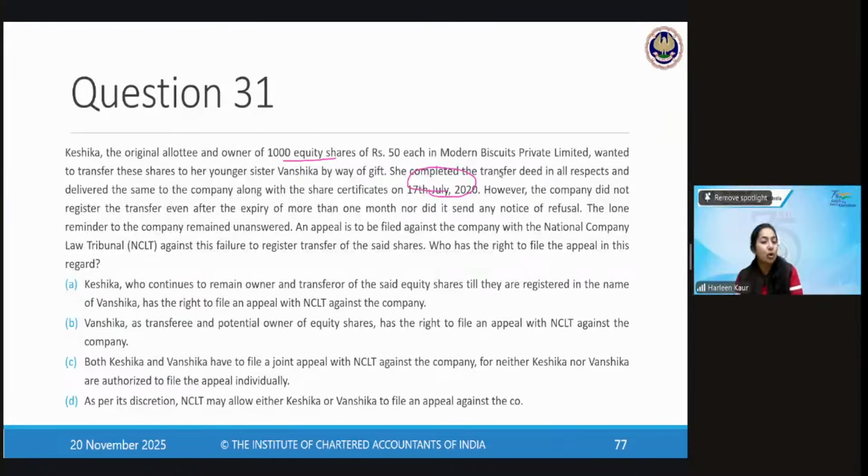However, the company has not registered within the expiry of more than 1 month, nor did it send the notice of refusal. The reminder to the company remained unanswered. Appeal has to be filed with NCLT against this failure. Who has the right to file the appeal? So Vanshika, the original owner, has the right to file the appeal within 60 days. If no notice has been received, then within 60 days, she can file the appeal.